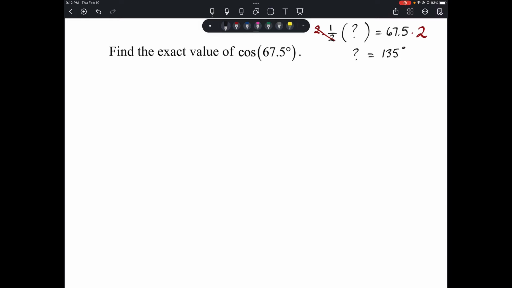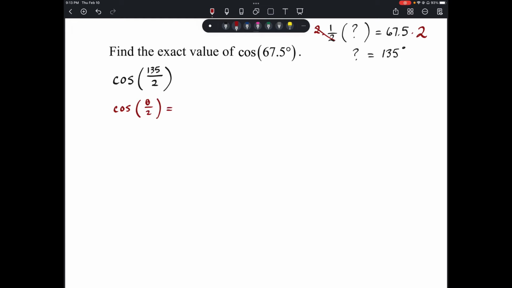Well, we're going to do, instead of the cosine of 67.5, the cosine of 135 degrees divided by 2. Right now it looks a little bit more like our formula here, the cosine of theta divided by 2.